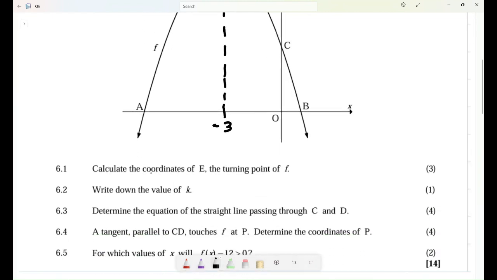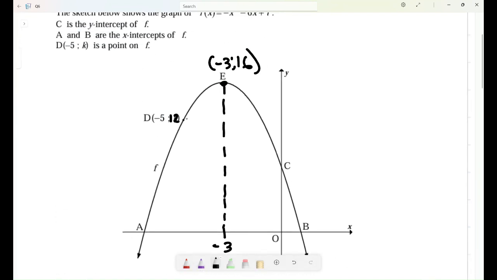Determine the equation of the straight line passing through CD. Let me use a different color. From C to D, CD like this, but it is a straight line passing, right?